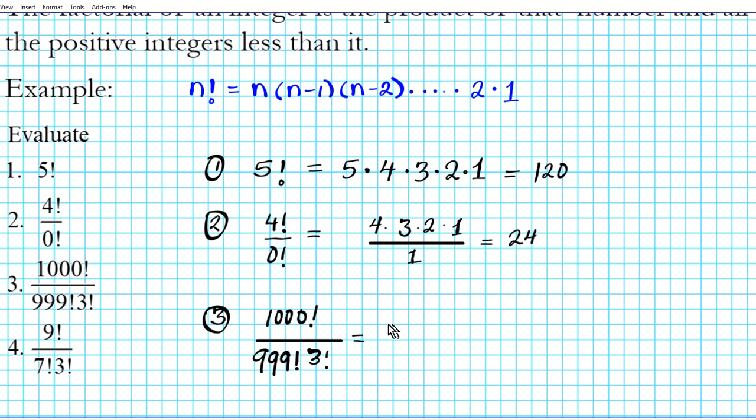So is there a trick we can use? Is there a technique we can use to simplify this problem considerably? Now one way you can look at the quotient of factorials is that the denominator terms are like problems. Okay? So you want to get rid of the problems. So 999 factorial and 3 factorial are 2 problems you want to get rid of.